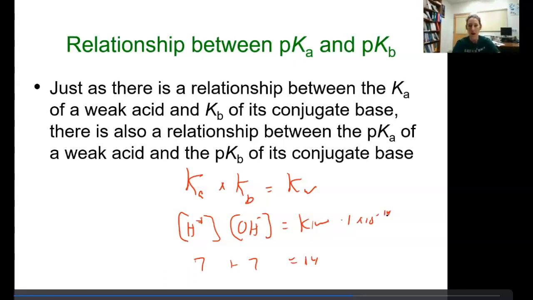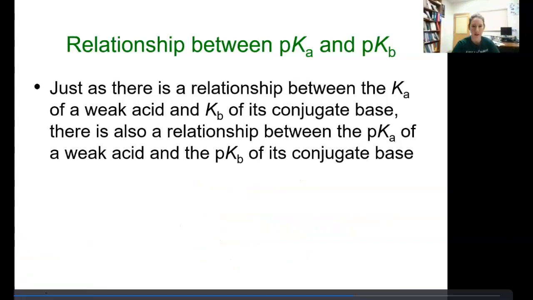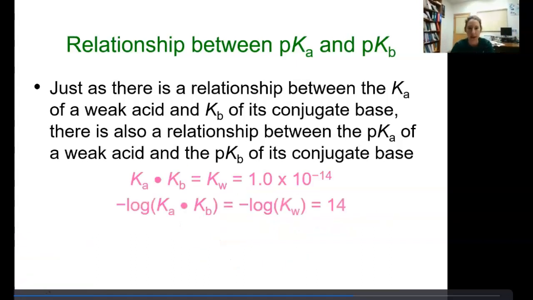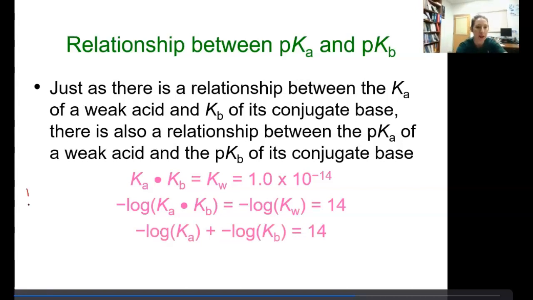You can think of it the same way with our pKa. And again, if that doesn't make sense to you, I'll show you right now. Ka times Kb is Kw. You take the negative log of them, it equals 14, just like we did with our pH. And remember the definition of pKa: pKa is the negative log of the Ka, and pKb is the same thing, negative log of the Kb.